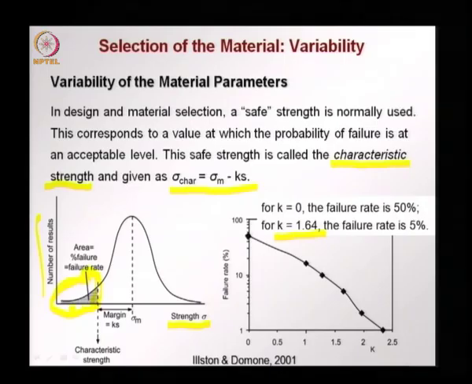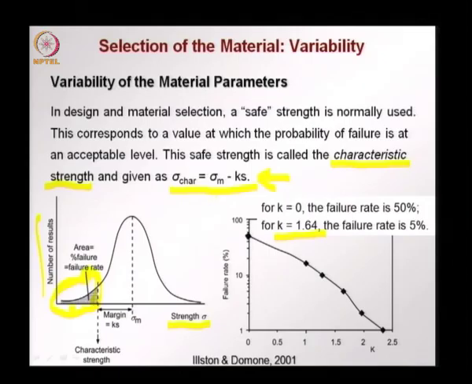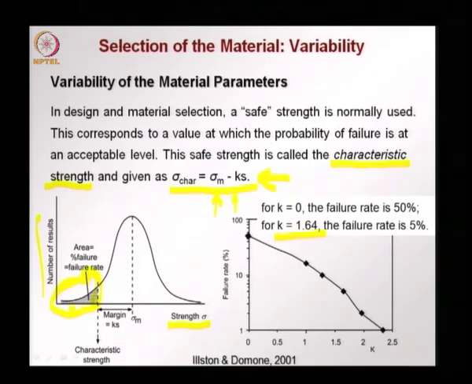So, normally the characteristic value that we use in civil engineering would be this equation, giving us the characteristic value in terms of the mean value reduced by a factor of 1.64 multiplied by the standard deviation.